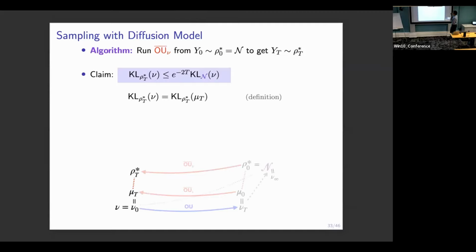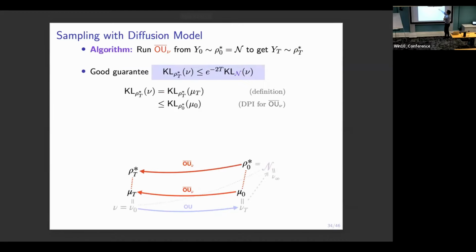And maybe let me just step through why this is true, because this is what we want to show. By definition, this mu is the same as this mu sub t. So then really the key step here is that the KL divergence between this output must be at most the KL divergence of the inputs, and these are the inputs to the same reverse OU channel, right? And this is the data processing inequality for this reverse OU.